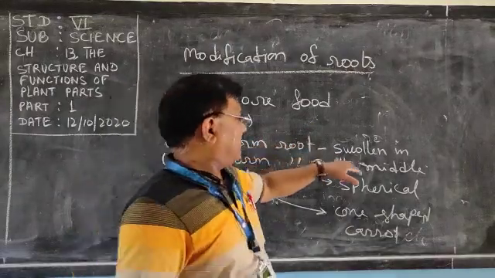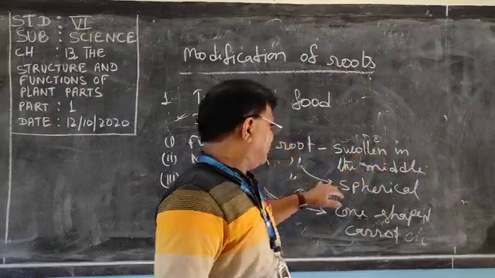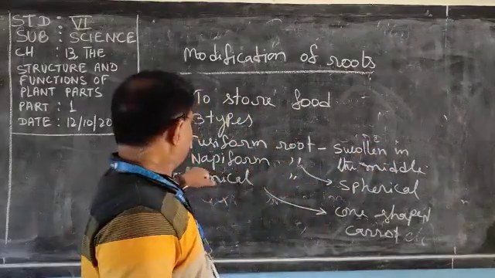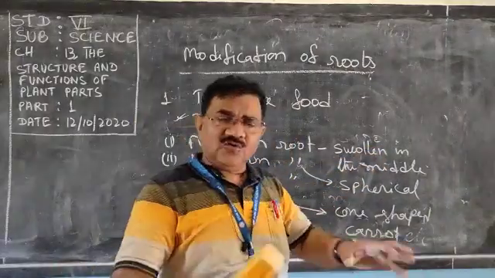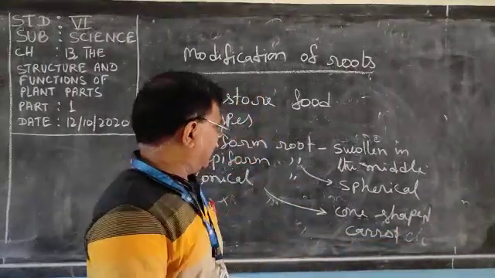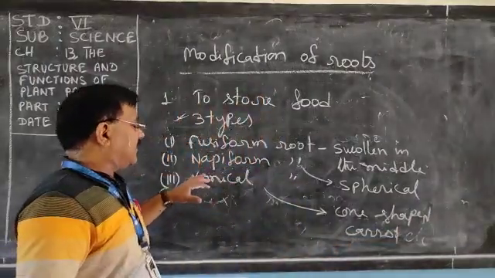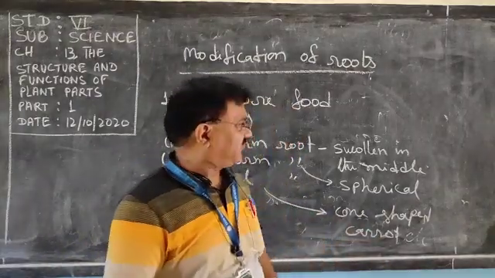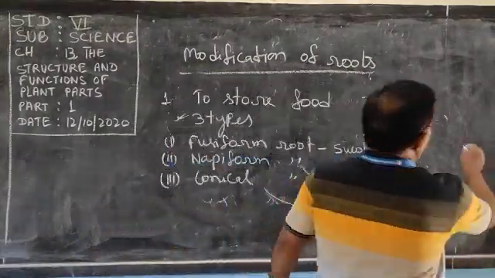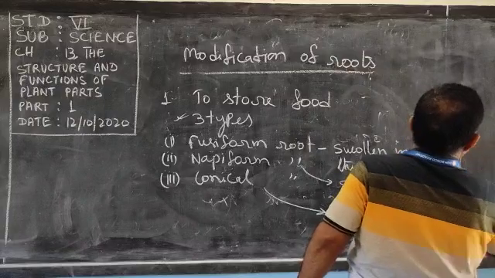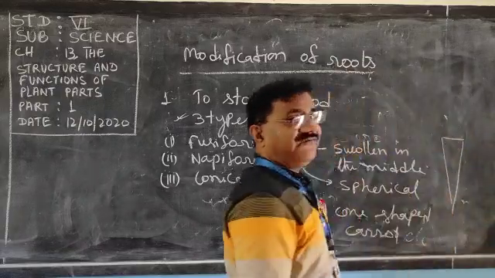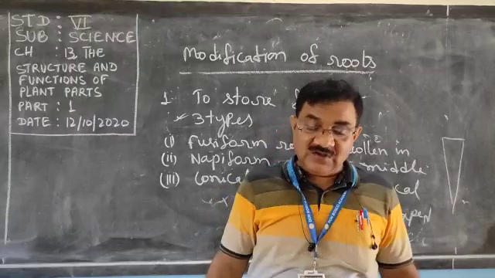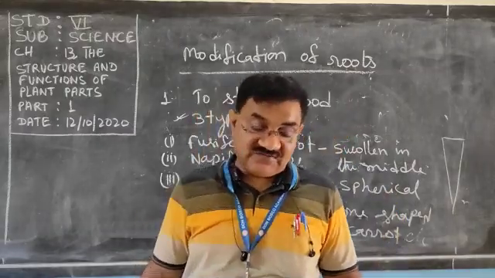Fusiform: the middle part is swollen, as in radish. Napiform: the primary root becomes spherical, as in turnip. Conical: it becomes cone shaped, as in carrot. So this part we have understood.